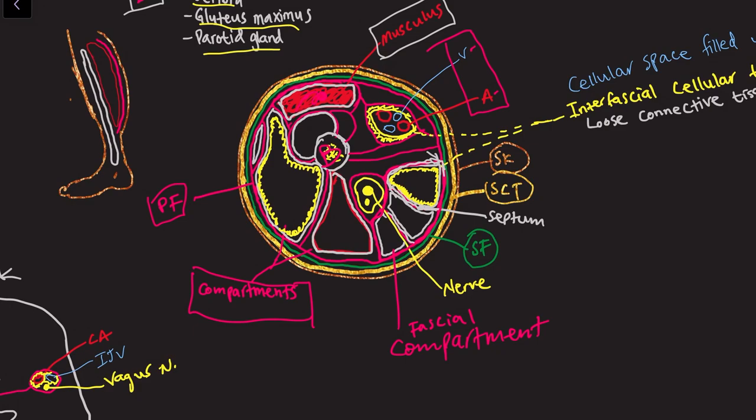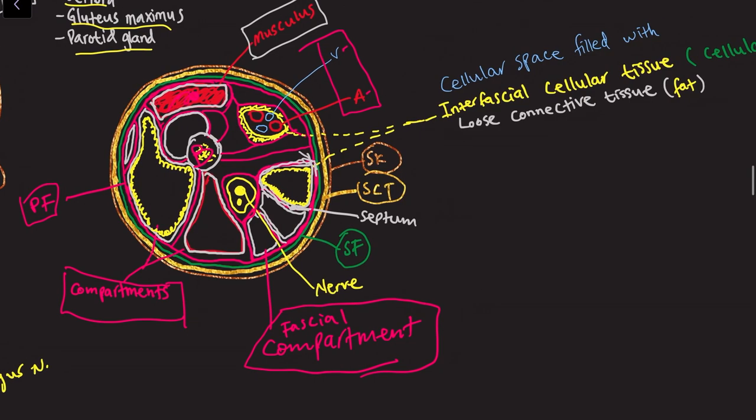So it is the laminae of the proper fascia that divide the muscles into compartments, right? And those compartments are known as the fascial compartments. Now, let us look at this. The fascial compartments are made up of the fascial laminae.